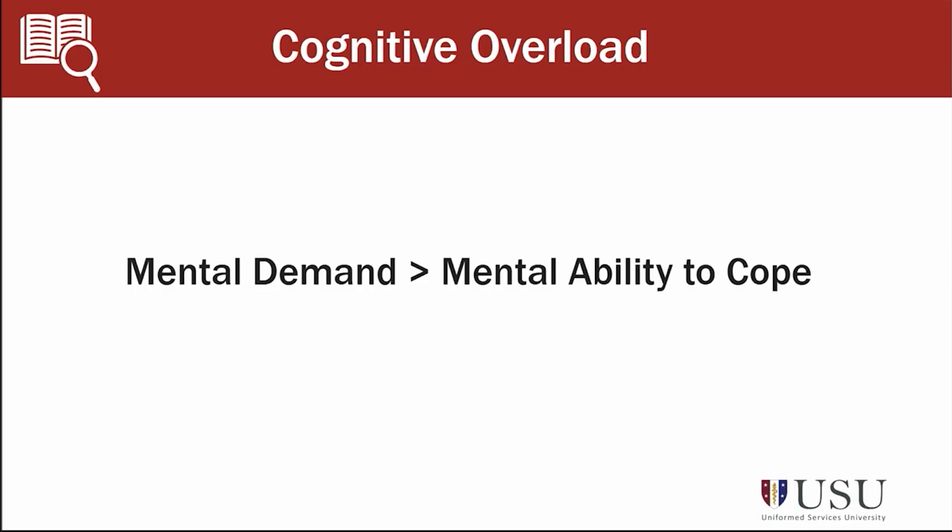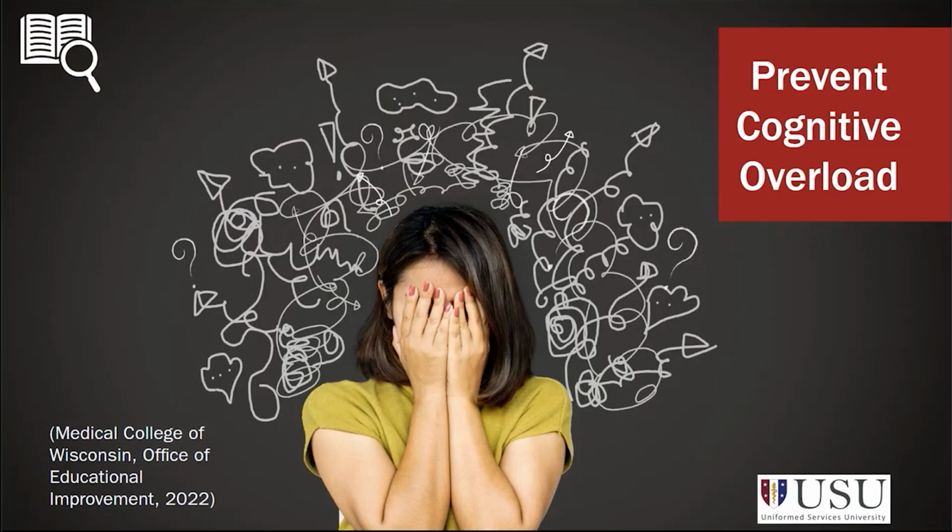Or cognitive overload is what you were experiencing with that graphic. The American Psychological Association defines cognitive overload as the situation in which the demands placed on a person by mental work or the cognitive load are greater than the person's mental abilities to cope with it.